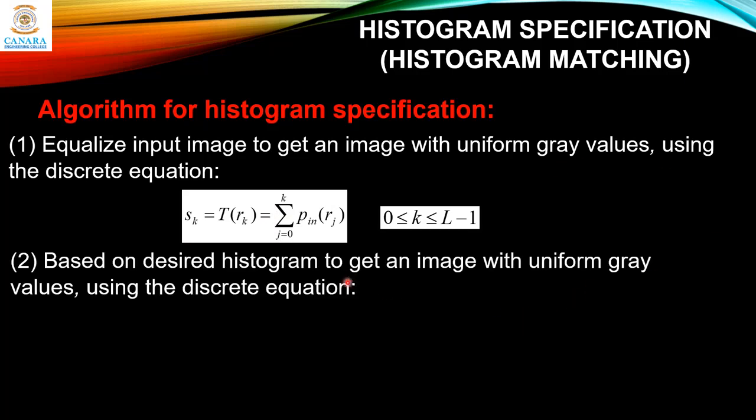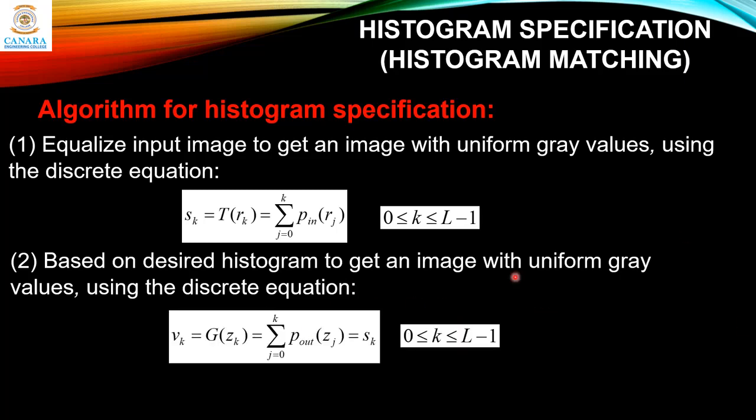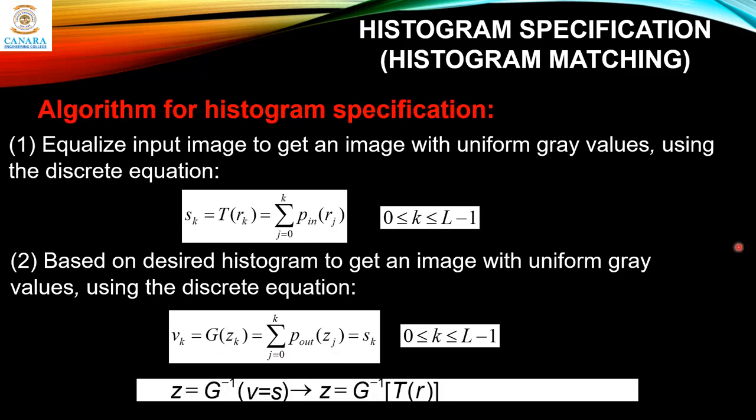Second, based on the desired histogram, get an image with uniform gray values using the discrete equation v_k equal to G of z_k, which is equal to the summation of p_out of z_j. Then obtain the z value by using the inverse transformation, G inverse of v equal to s, which maps to z equal to G inverse of T of r.